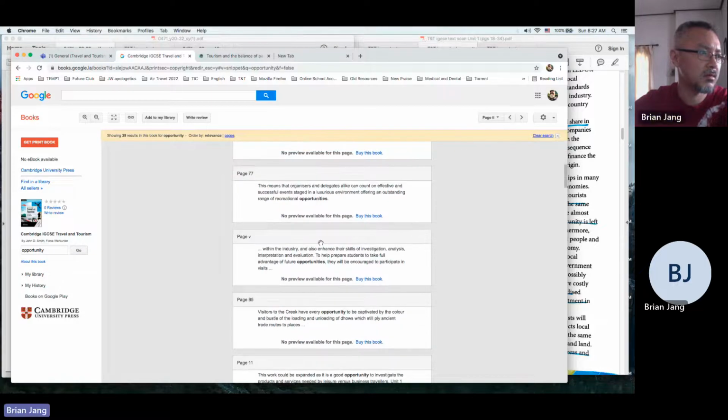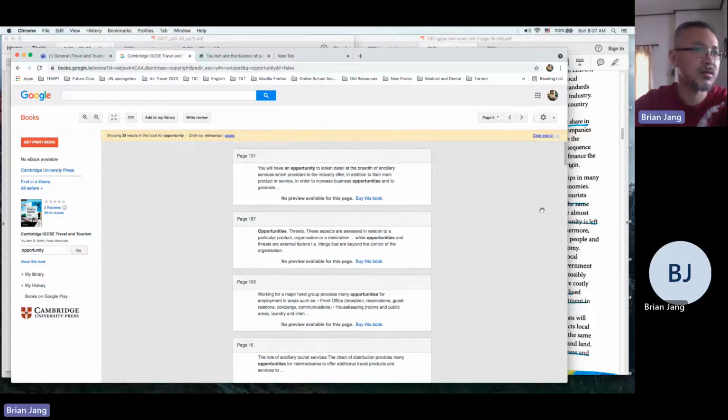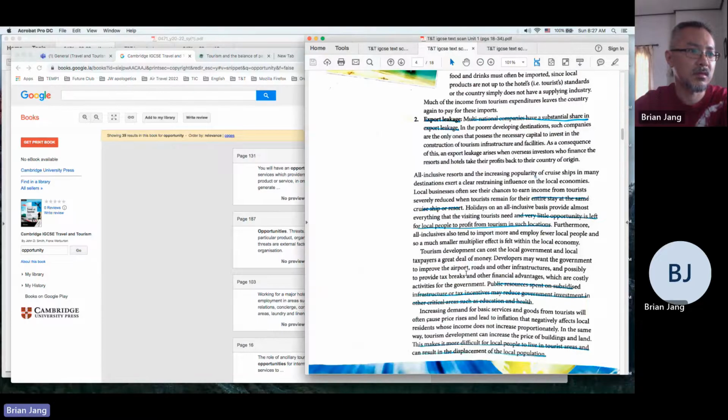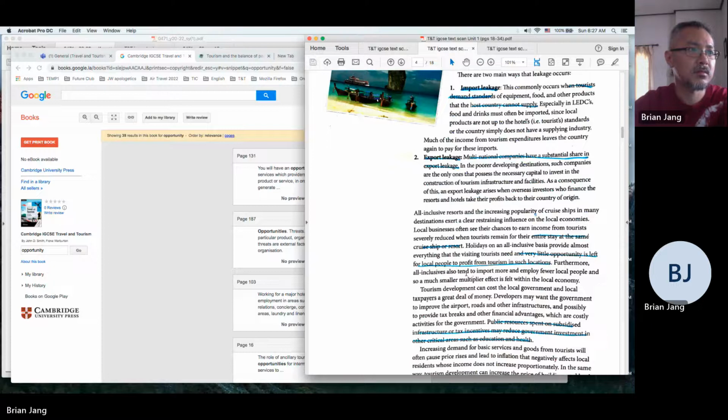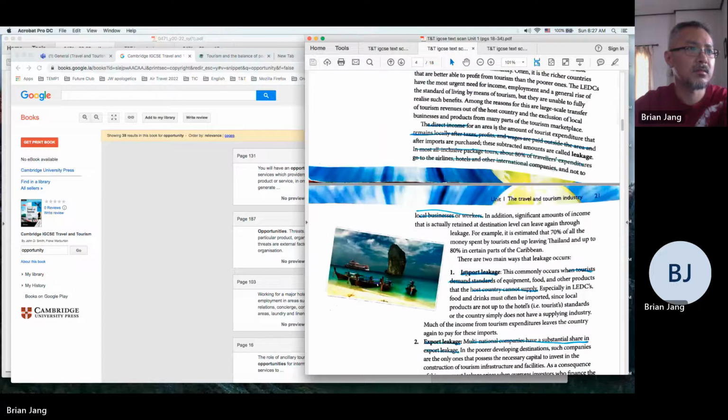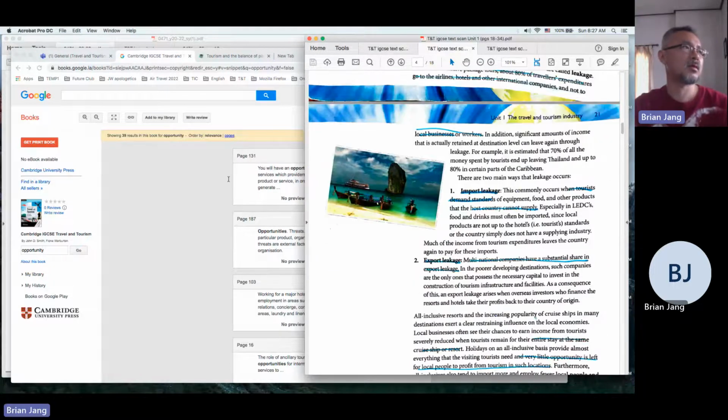This has just caught me by surprise because I don't remember saying that. Don't worry about it. If you do want to get into a Google search, look up what opportunity costs are as it relates to travel and tourism.